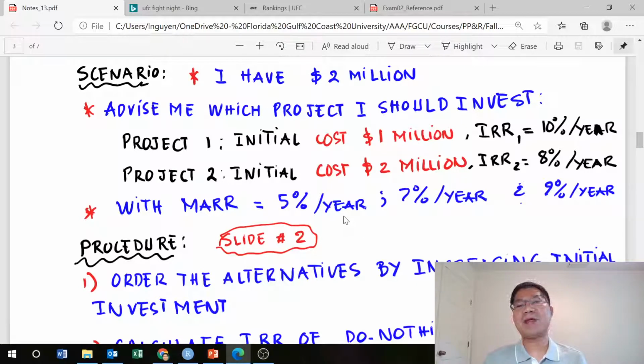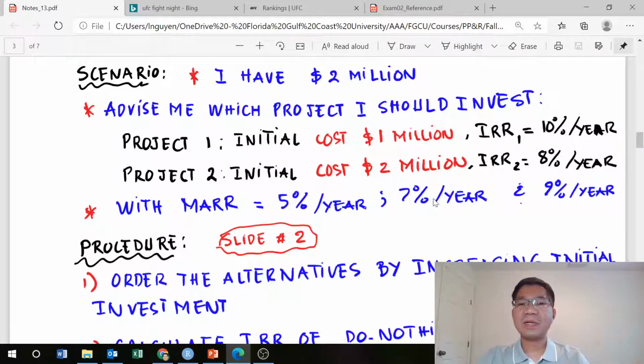7% per year. Now you can pause and answer for yourself, right? If it's 7% per year, project 2 remains unchanged, $160,000. If I go with project 1, I get 100,000 for the first $1 million in project 1. I still have 1 million left. I have 2 million, remember?